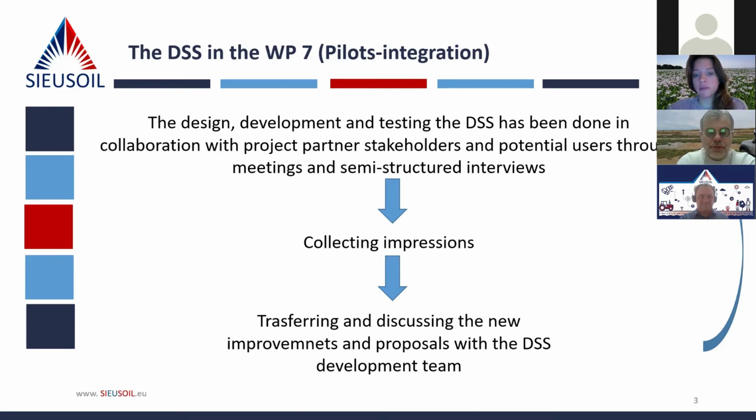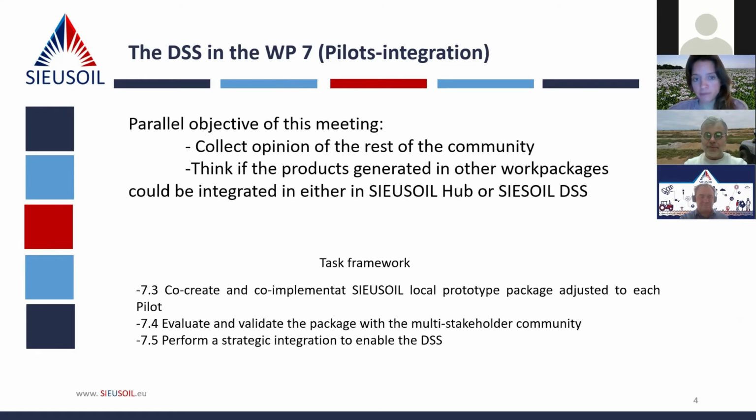We have been collecting impressions and main conclusions and transferring them to the development team. Today Ifigenia is here. Maybe she wants to make some comments, but we have been holding those meetings in order to get the users' requirements for the 2 components of the DSS.